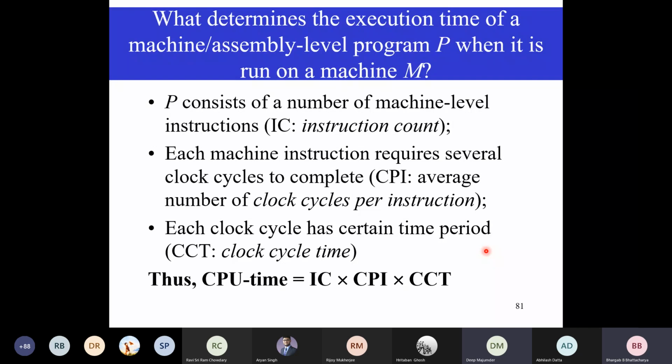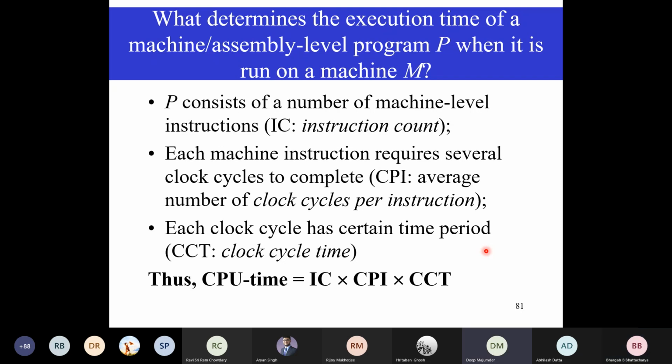So in general, the CPI refers not to a particular program but to the average number of clock cycles per instruction. But for a given program, you can also think of some CPI. There are some examples which you will work out later. You will see that with respect to a particular program, you can have a certain value of CPI depending on how the instructions have been distributed in the code, right?